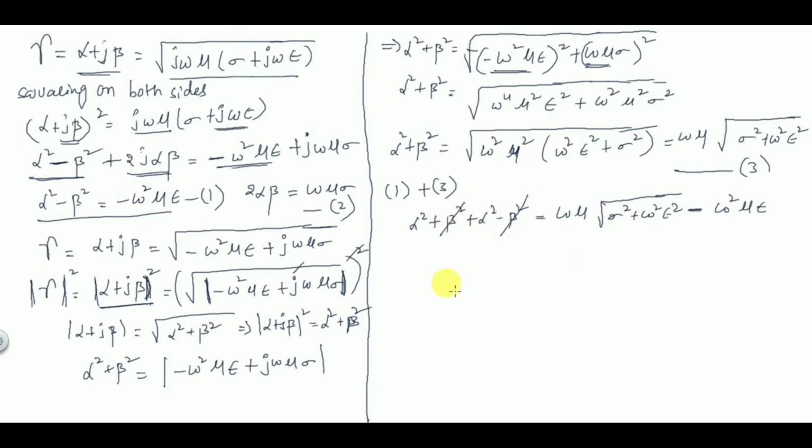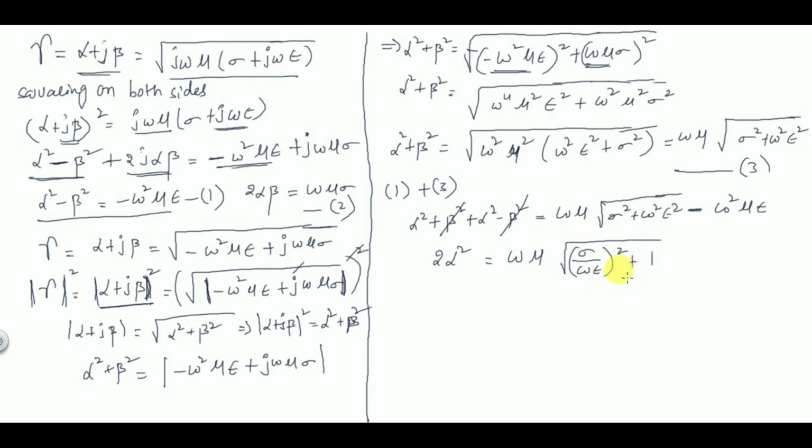Minus beta square gets cancelled, so it will be 2 alpha square. So 2 alpha square is equal to omega mu into... taking omega epsilon common, sigma by omega epsilon whole square plus 1, which means you are dividing by omega square epsilon square.